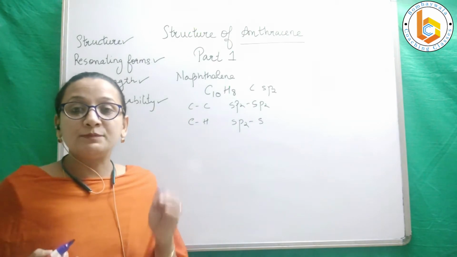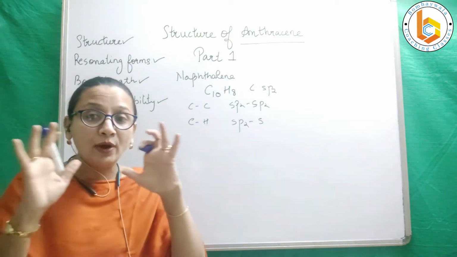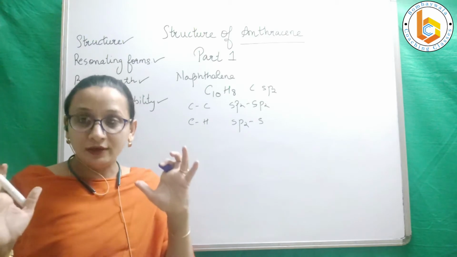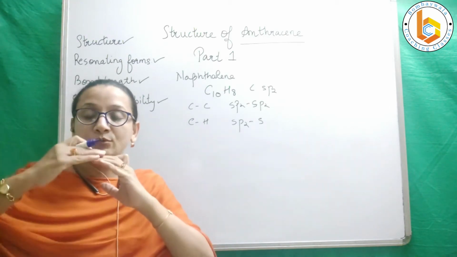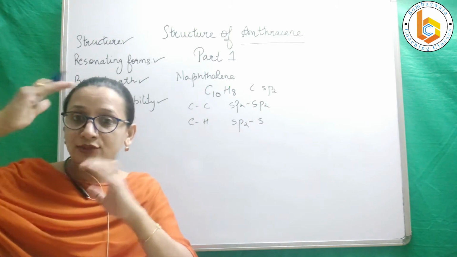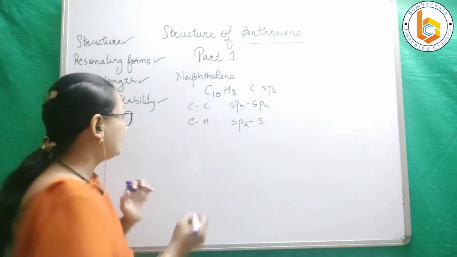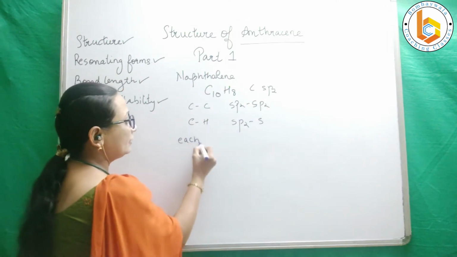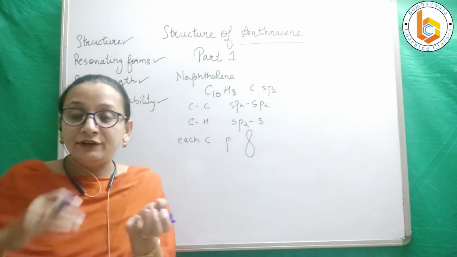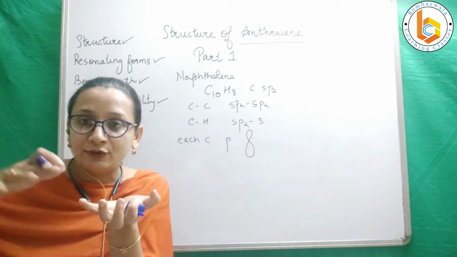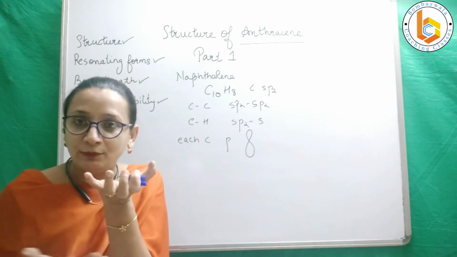Then we drew an orbital picture showing how these sp2 overlaps are there and how the sp2-s overlap is there. Then each carbon contains a p orbital, which is shaped like a dumbbell, and it forms a pair of pi electrons above the plane and below the plane, right?